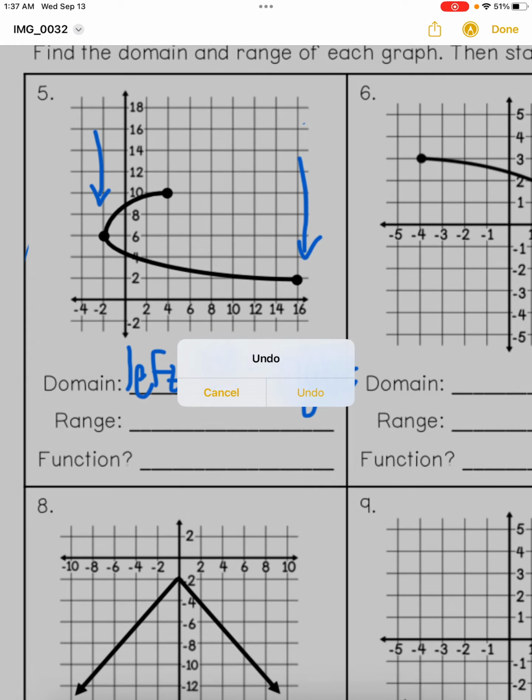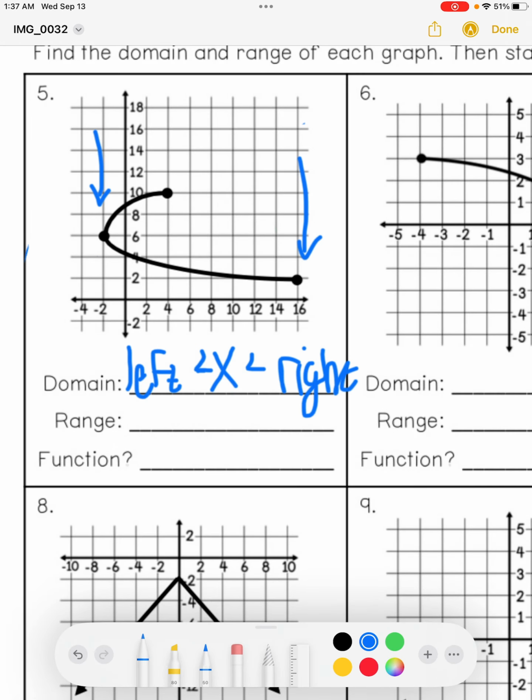The coordinate point on the left would be (-2, 6), and the coordinate point on the right would be (16, 2). My x values are going to be the first number in the coordinate point, because x values always come first. So I would say I have -2 on the left and 16 on the right, just like we did last time.